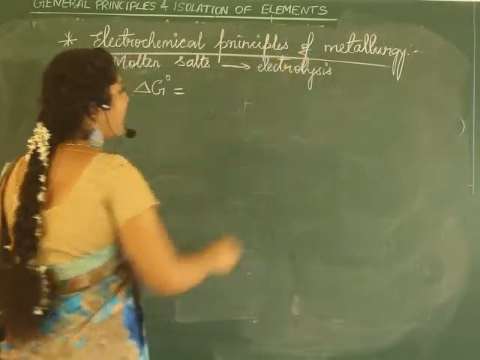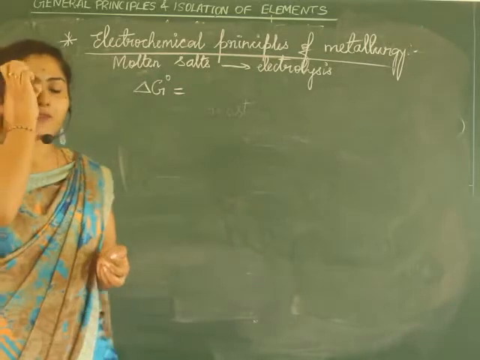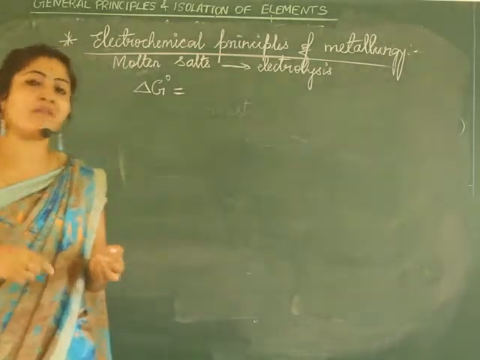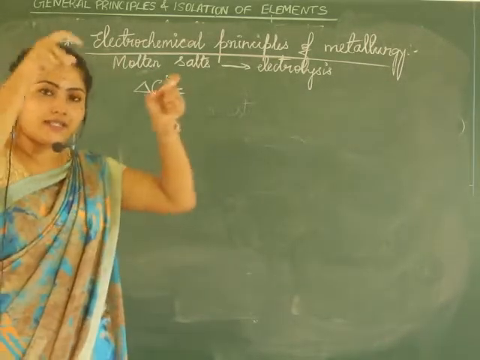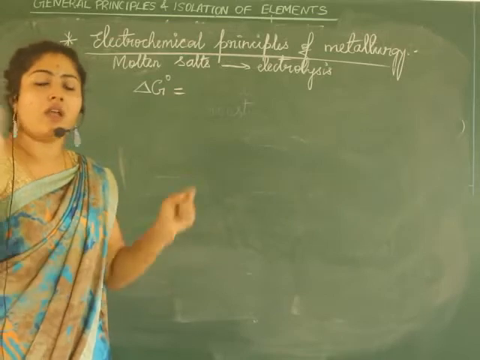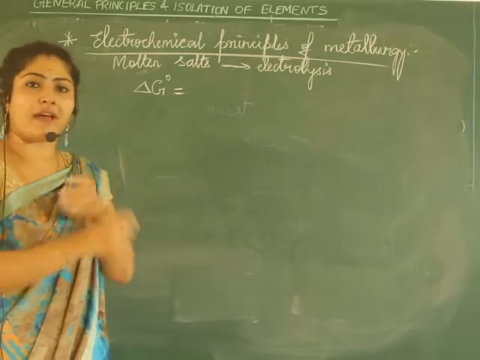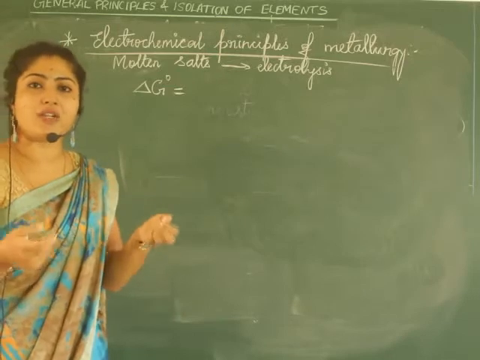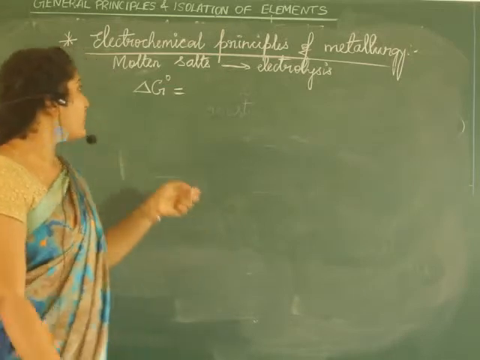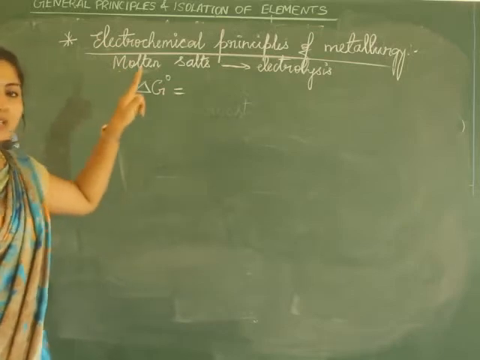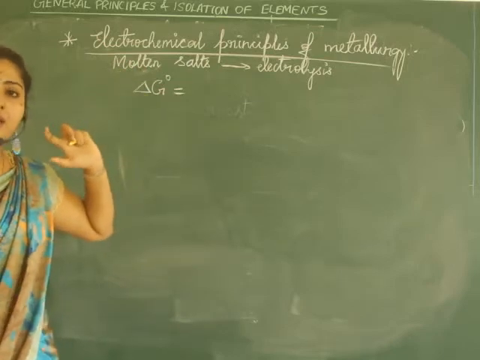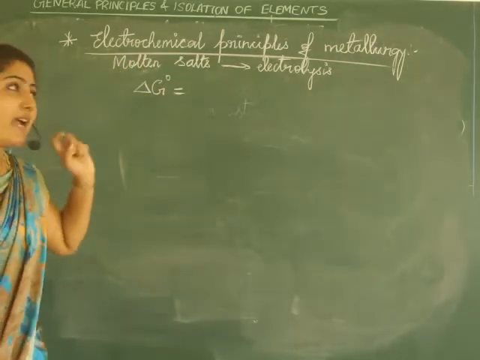Electrolysis, you know, we use two electrodes, a positive electrode and a negative electrode, and we take an electrolyte. That is, the electrodes are dipped in a solution. When electric field is passed, the opposite charges or opposite ions pass towards the oppositely charged electrodes. That is electrolysis.